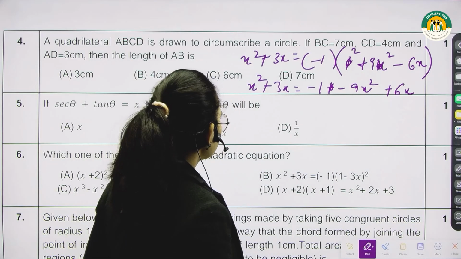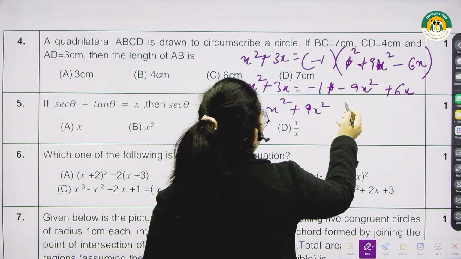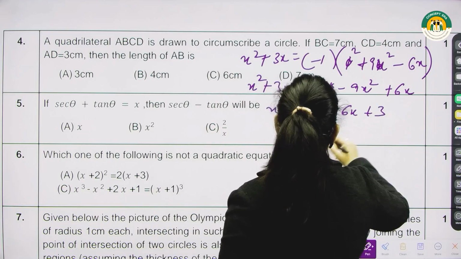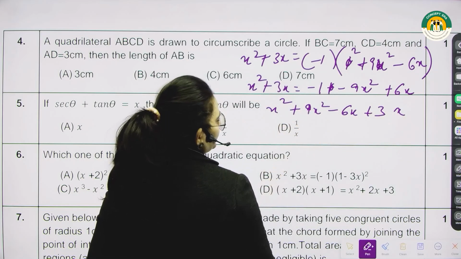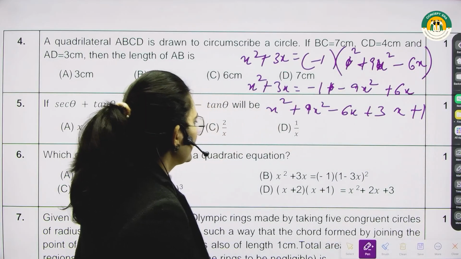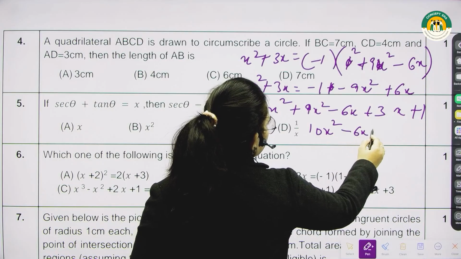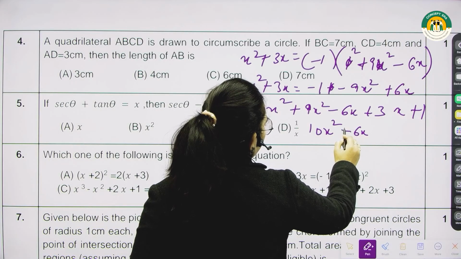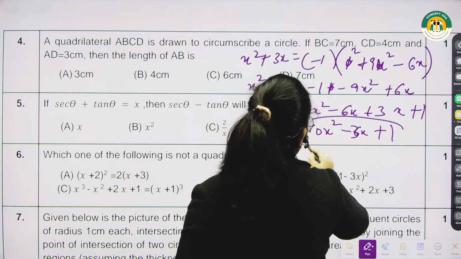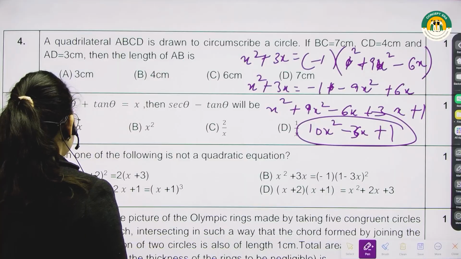So when we transpose this, we'll get x square plus 9x square minus 6x plus 3x. We'll get 10x square minus 6x minus 9x, minus 3x plus 1. So here we'll get the quadratic equation. So this is also a quadratic equation.